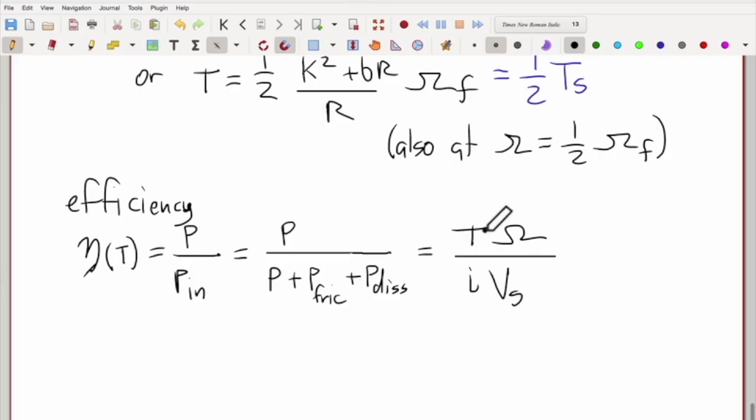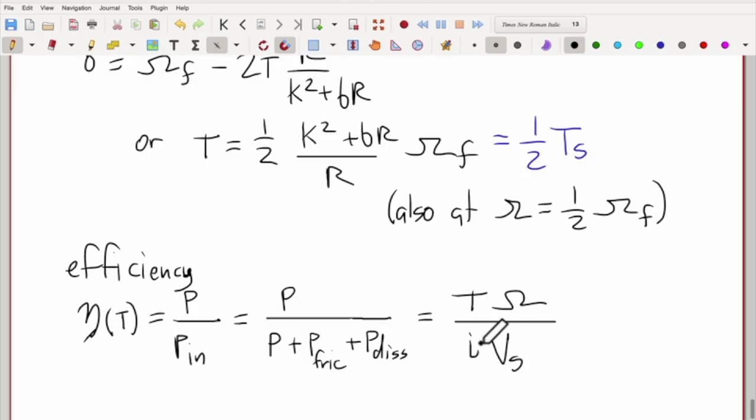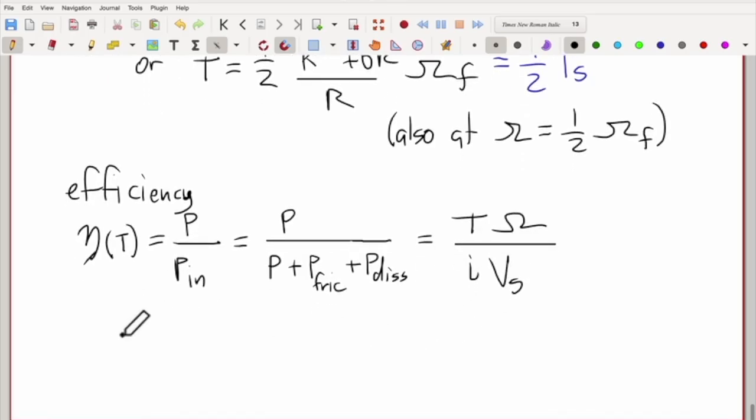So we actually know this relation here. We have it here. And we know Vs, but we don't know I yet. So how would we find I? I'm not going to write out what this is, but we can approach it if we wanted to.